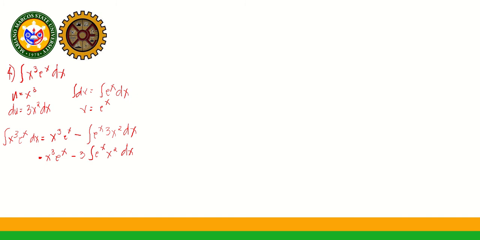Okay, so ito na yung sinasabi ko na mag-apply ulit tayo ng IBP because there are still two functions multiplied to each other. So mag-let u ulit tayo dito. Let u be equal to x squared. So our du be equal to 2x dx. Okay?